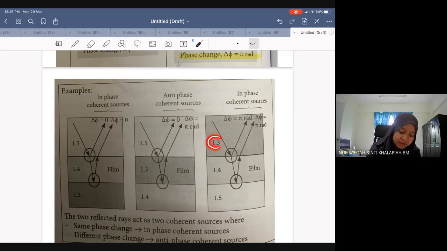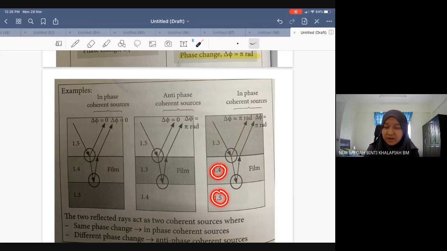Dari 1.3 ke 1.4 bertambah. Bila bertambah index of refraction, so reflection ray 1 has a phase change. Bertambah, so there is a phase change by pi radian. Okay, sebanyak pi radian. Okay, from second medium to third medium.